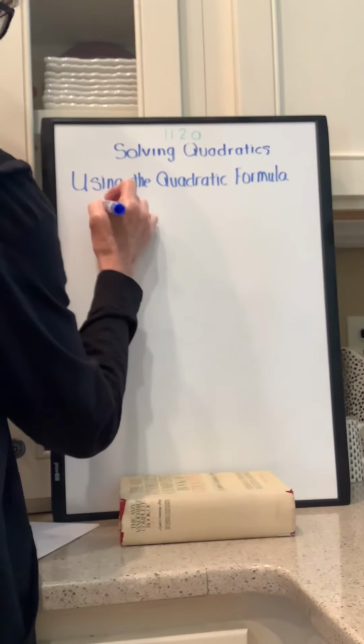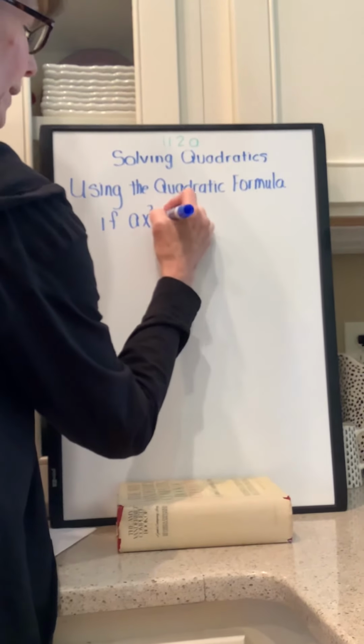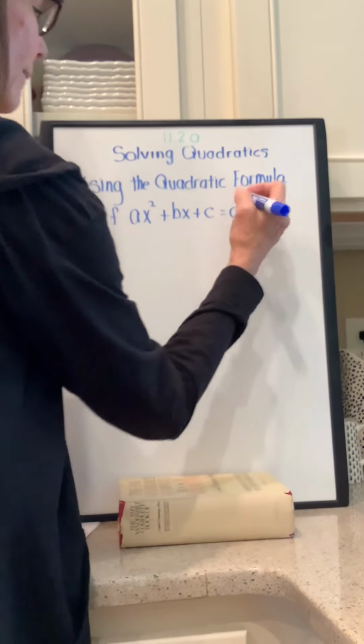So remember, quadratic is in the form of ax squared plus bx plus c is equal to 0.